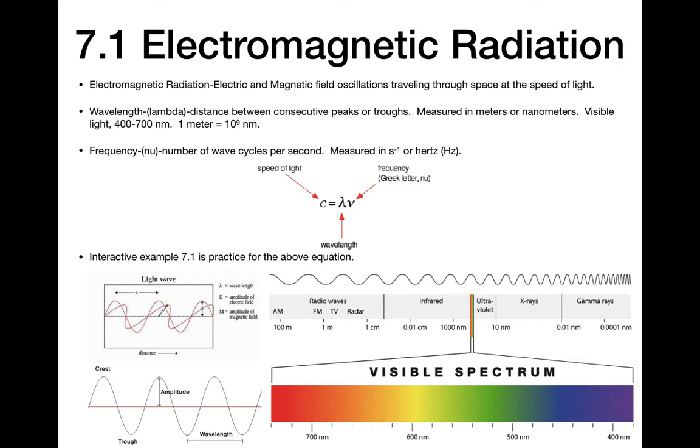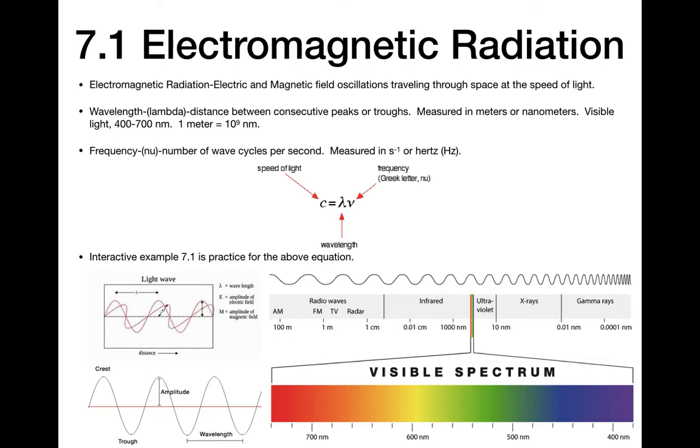Visible electromagnetic radiation from violet to red, ROY G. BIV, spans a range of about 400 nanometers to about 700 nanometers. You can see the visible spectrum down below. Notice the visible spectrum is only a small fraction of all the electromagnetic waves.